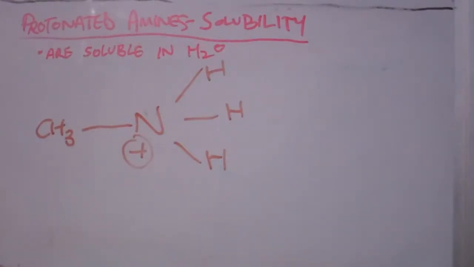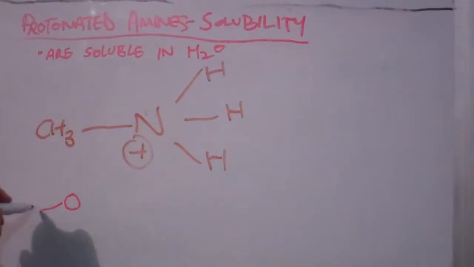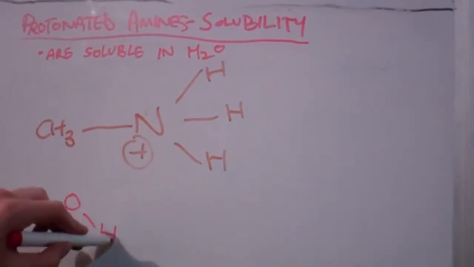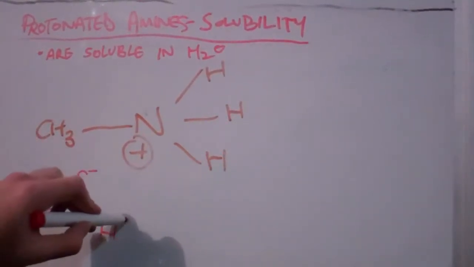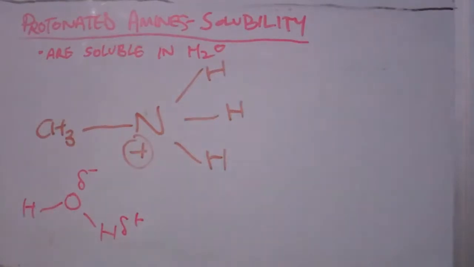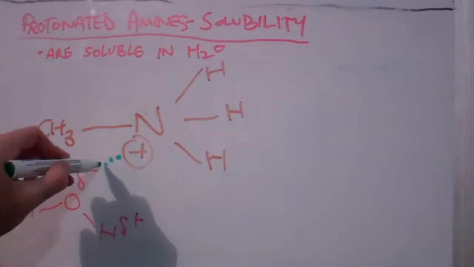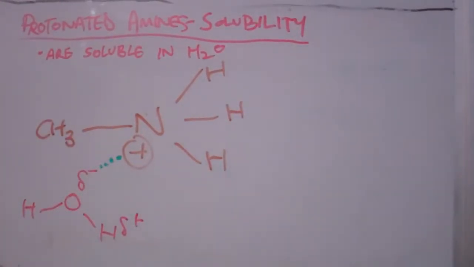Let's look at water, and remember that water has a partial negative charge on the oxygen and a partial positive charge on the hydrogen. What that means is that we can have an ion dipole bond occurring between the full positive charge on the nitrogen and the partial negative charge of water.